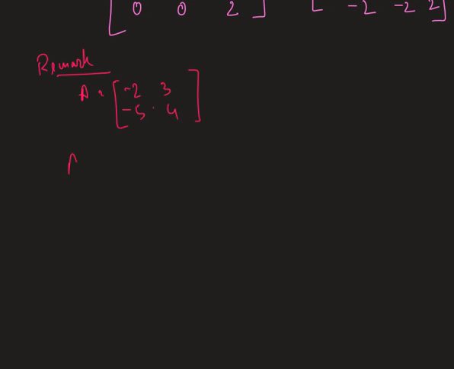Then the adjoint of a square matrix of order 2 is obtained by interchanging the diagonal elements and changing signs of off diagonal elements, that is it is going to be 4, minus 2, and after changing the off diagonal elements we have minus 3 and plus 5. So this is the adjoint of a 2 cross 2 matrix.